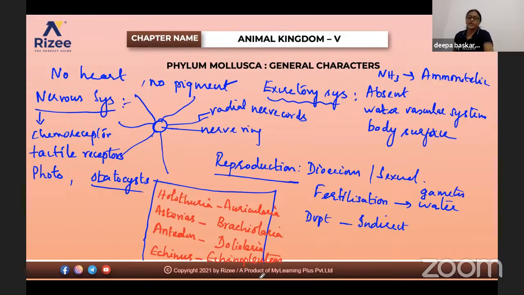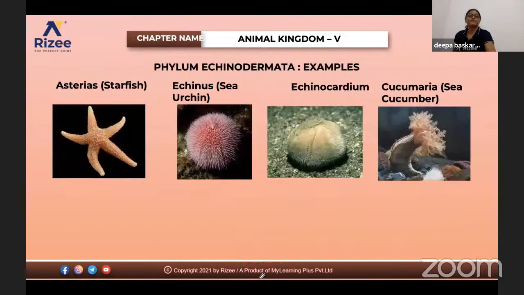Next to that, examples. Asterias is starfish, Echinus is sea urchin, and the third one is Echinocardium. Next one is Cucumaria, otherwise called sea cucumber.